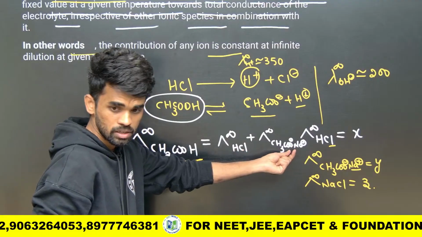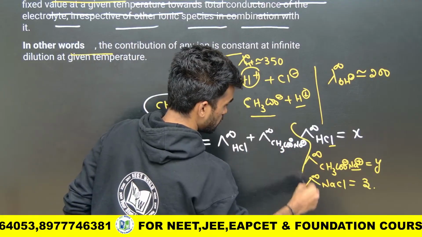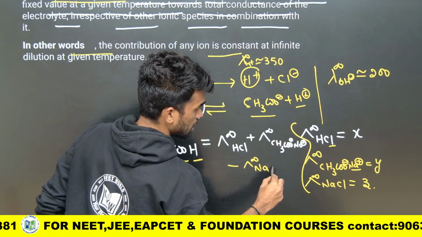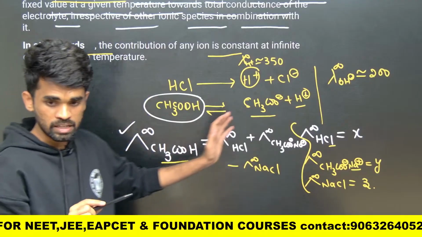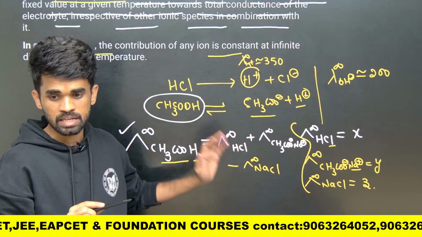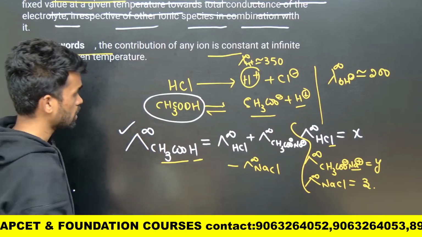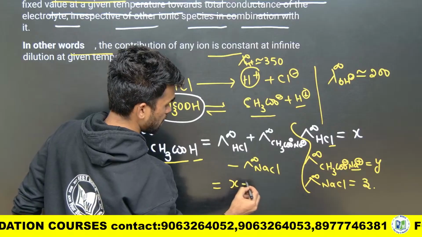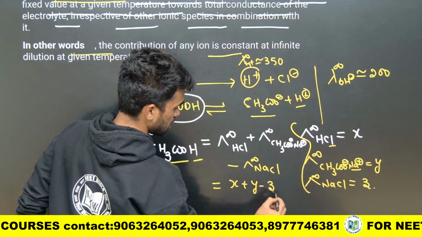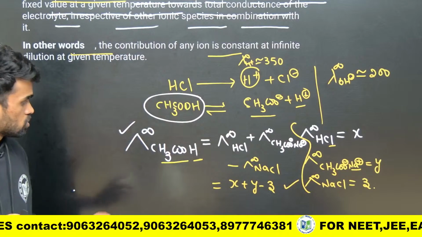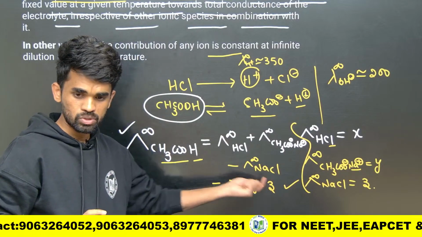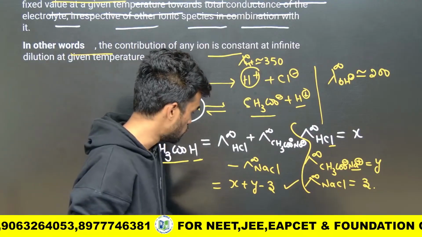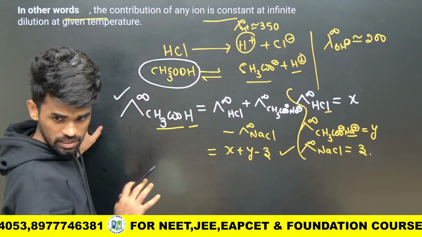We do not require sodium ion. Minus limiting molar conductivity of NaCl. That's it. So add the required parts, remove the unrequired parts. That's it. Okay. So for acetic acid, the value is given as X plus Y minus Z. So this is your answer, that's it. So they may give some numericals here, put those values and get the answer, that's it. Clear now? Yeah. So let's move further. Is this clear?